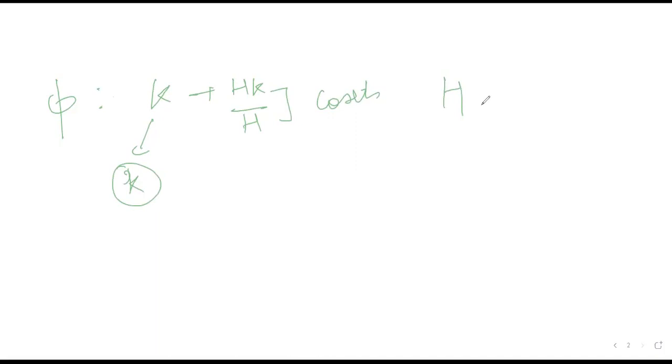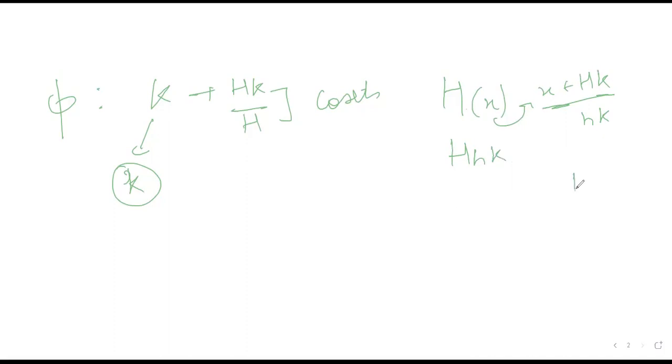H into some element x, where x belongs to HK. Now any element which belongs to HK will have the form of small h, small k. That is, this will be H into some small h into k.